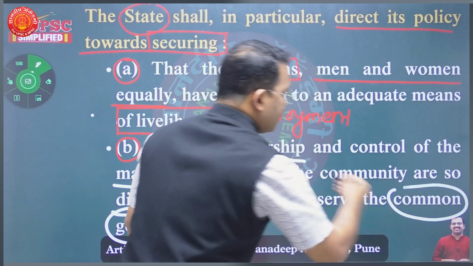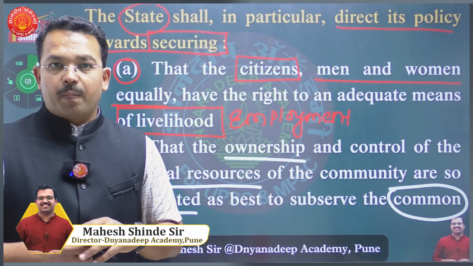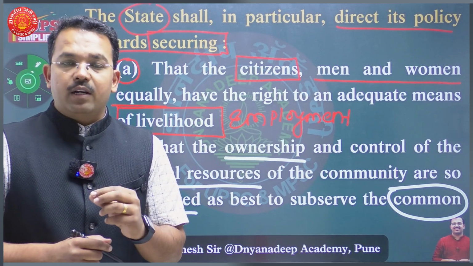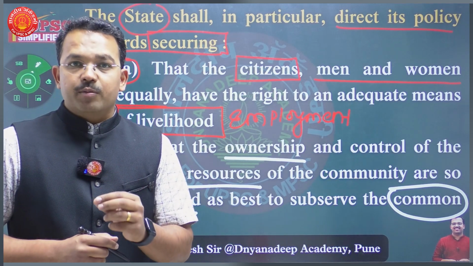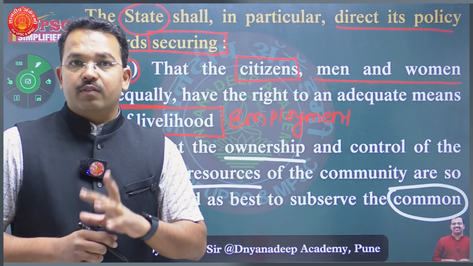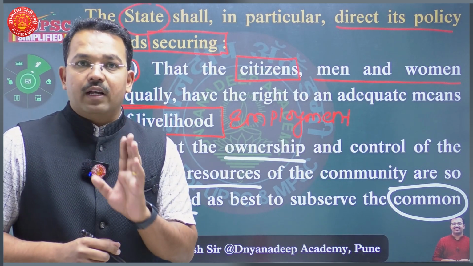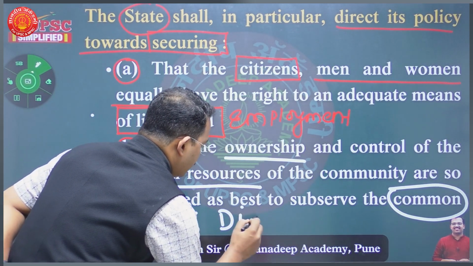That is, in simple terms, the means of production or the resources which are required to achieve the means of production should be equally distributed among all sections of society, among all citizens of India. That's why 39B talks about distributive justice.